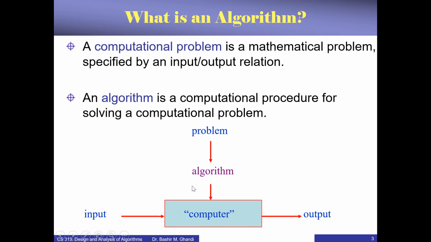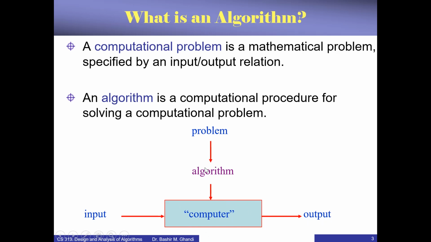This diagram explains the relationship. As we said, a computational problem usually involves some input, some process, and then some output. Now, the algorithm is somewhere here in the middle. It is the one that will actually take this input, process it step by step to produce the output.